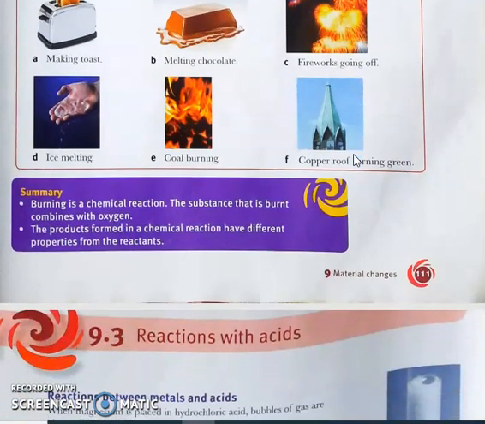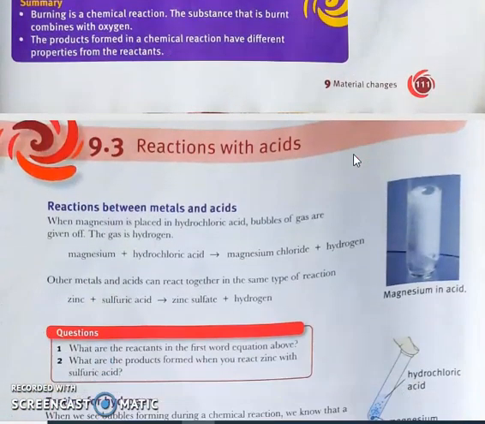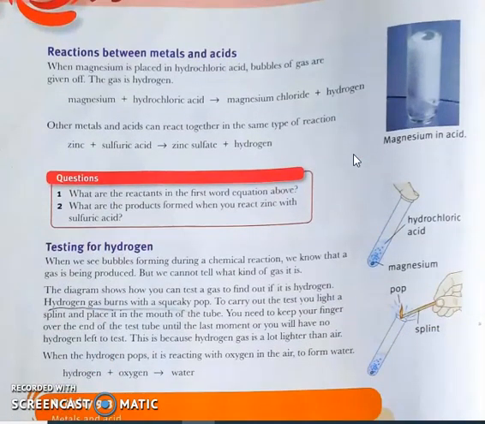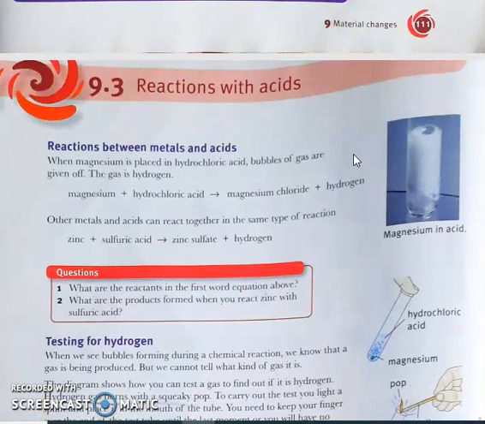Next we are going to learn about reactions with acids. There are different reactions with acids, and first we are going to discuss the reaction between metal and acid. When a metal reacts with an acid, it produces salt plus hydrogen.